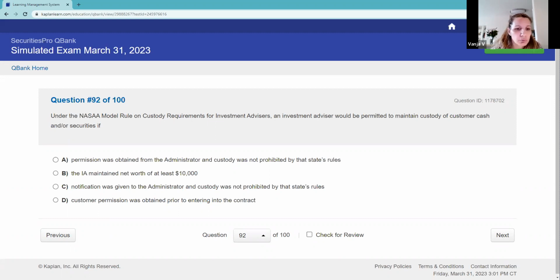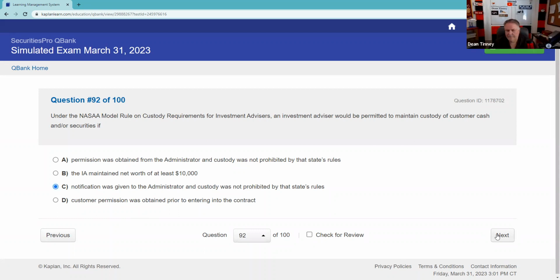Notification was given to the administrator and custody was not prohibited by that state's rules. Customer permission was obtained prior to entering into the contract. So it's either A or C, but just the wording. Notification was given to the administrator and custody was not prohibited. C, notification was given to the administrator and custody was not prohibited. Excellent.